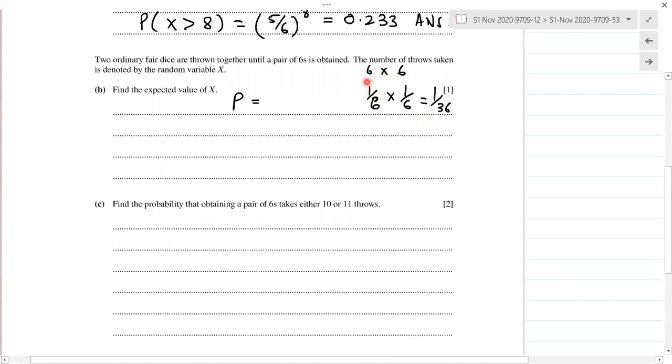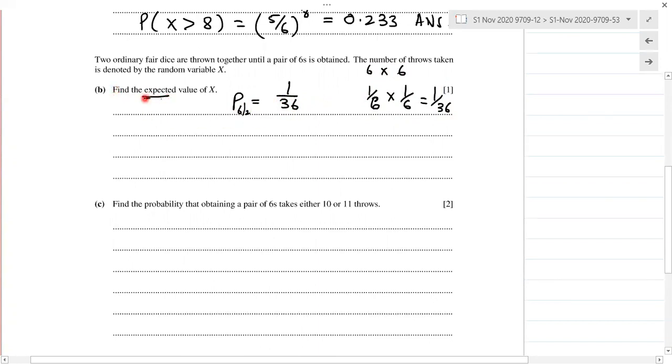The probability of getting one 6 is 1/6 and another 6 is 1/6. Whenever you have 'and', you multiply. So that's 1/36, the probability of getting two 6s.